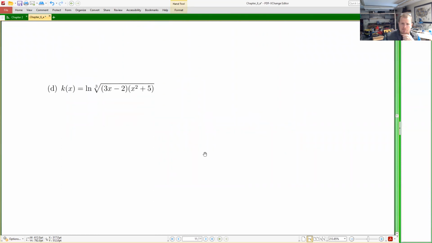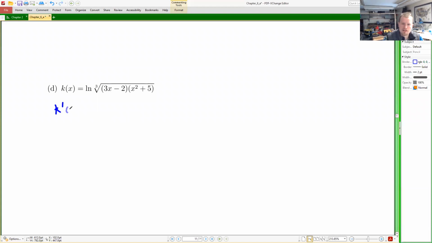All right. So now we have k of x, the natural log of this cube root of a product of polynomials. If I think about this really hard, don't write this down. Watch, but don't write this down.